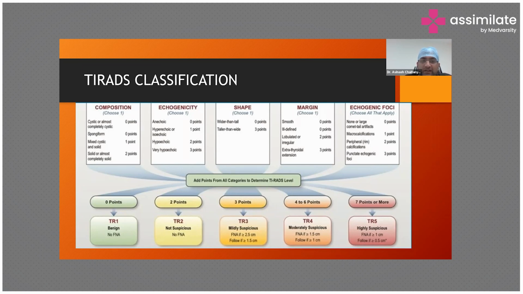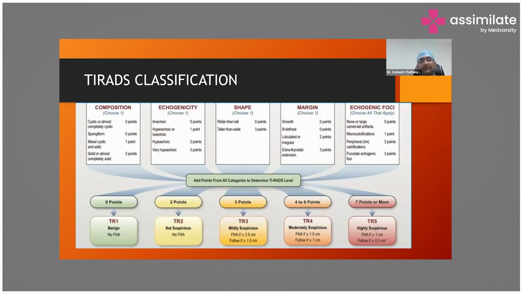So we have to see whether it is cystic or solid in consistency, whether it is hyperechoic or hypoechoic, and whether the shape is taller than wide. Depending on that, it will guide us where to proceed with the further investigations. We also see whether the margins are smooth or lobulated, irregular, whether there's an extrathyroidal extension, and then also you have to see the microcalcifications.